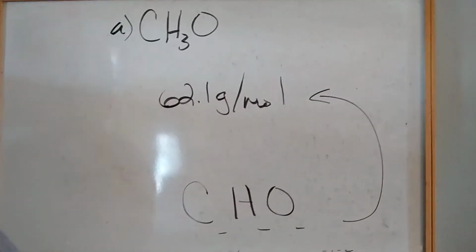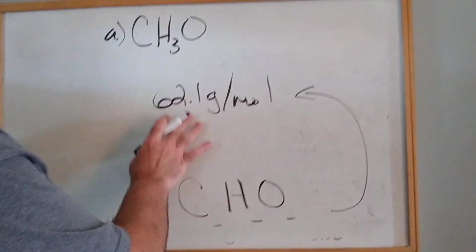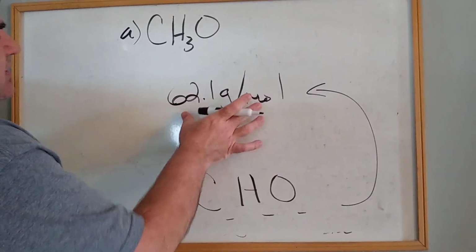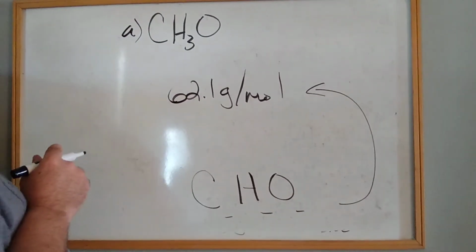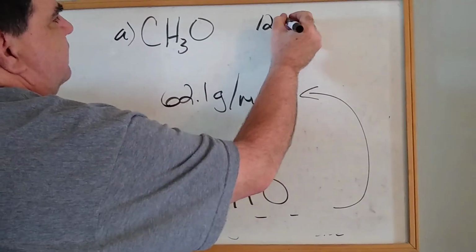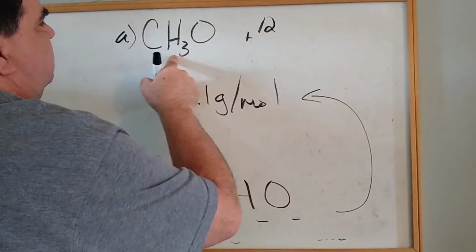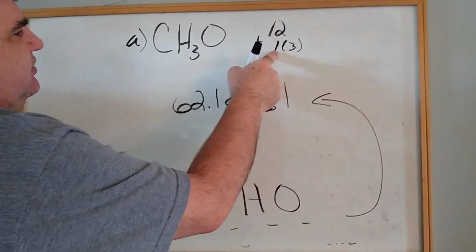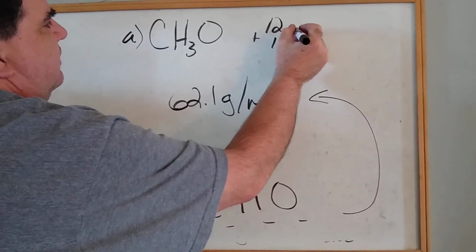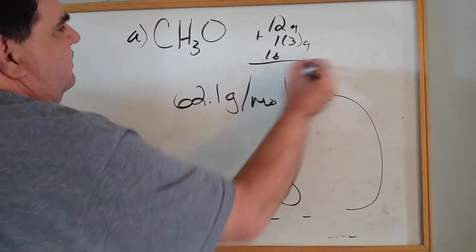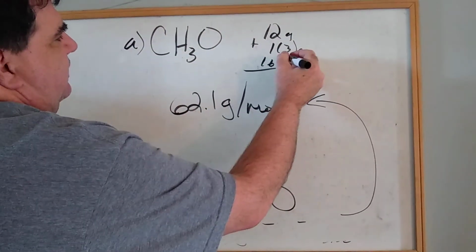So how do we do that? Well, to find the multiplier, we are going to take our molar mass that's given divided by our empirical mass, which we have to calculate, which is going to be 12 for carbon plus 1 times 3, because we got 3 hydrogens, so we got to multiply that by 3. We can put grams here for these. And oxygen is 16. And if we add that up, we get what?